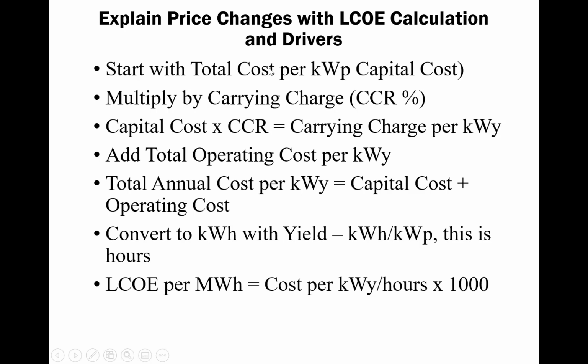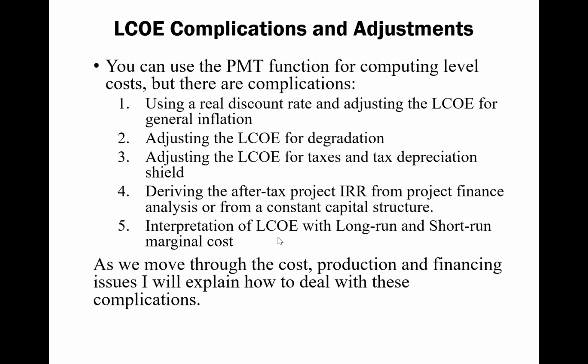So you're not going to be intimidated by doing this. We have to understand what the total cost is, what the carrying charge is, what the operating cost is, and what the yield is. That's what we really have to understand, and that's going to take us a little while. Now, there are some complications to this that we'll go through. We need to understand how we're going to adjust for inflation. The right way to do this is to measure the cost in today's currency, not in some mythical future currency.